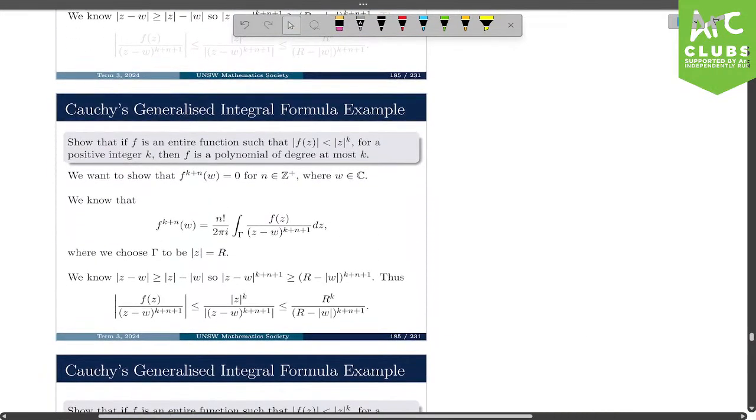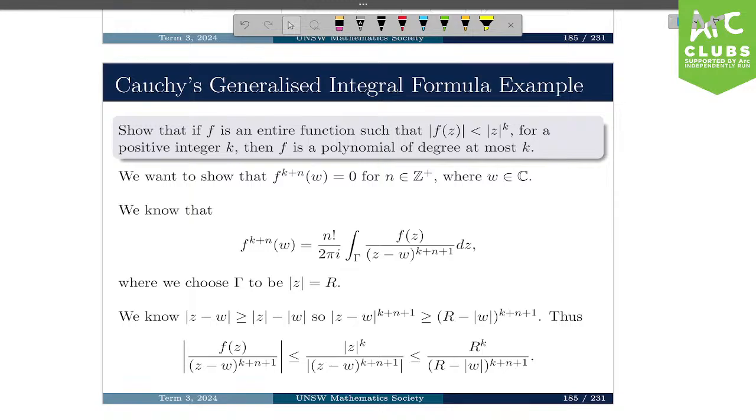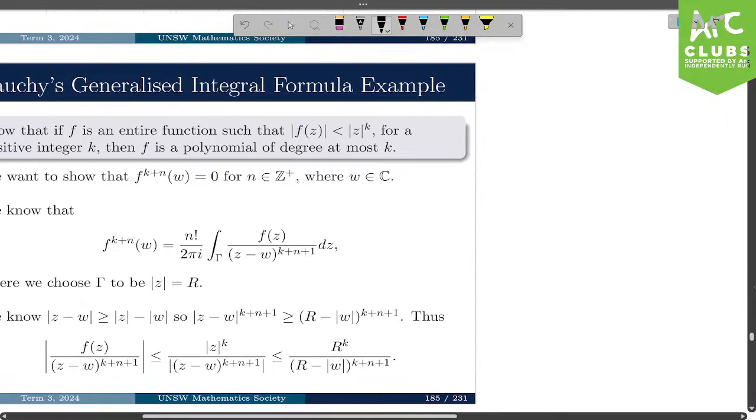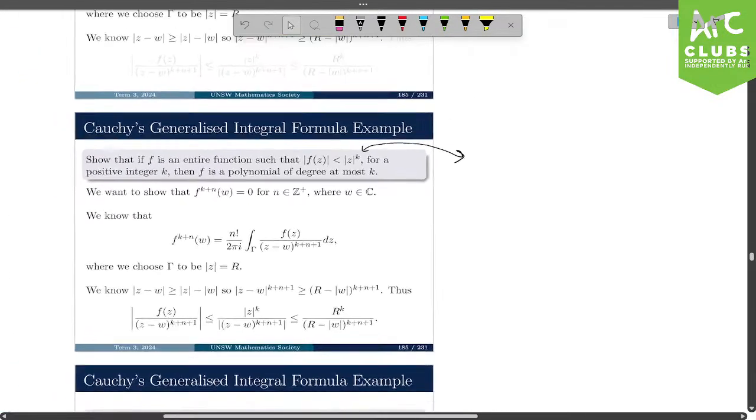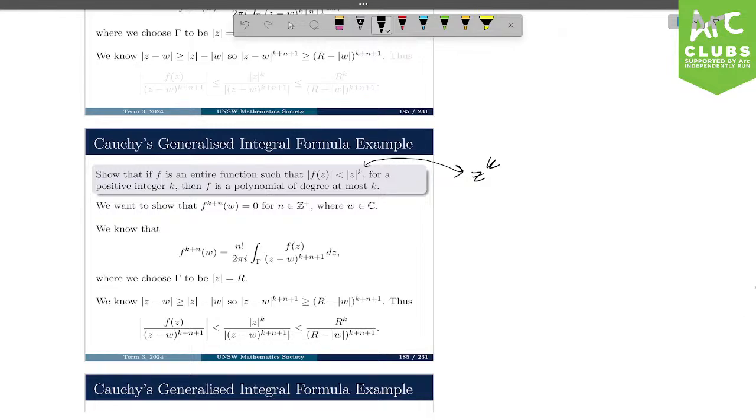All right. So, what are we trying to show? An entire function such that the magnitude of f is going to be less than magnitude of z to the k. Okay. And so, what this implies is the z to the k term isn't going to exist. Okay, or at least when it does exist, there's always something against it.